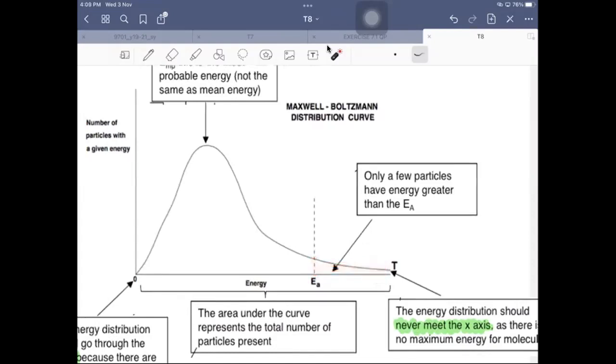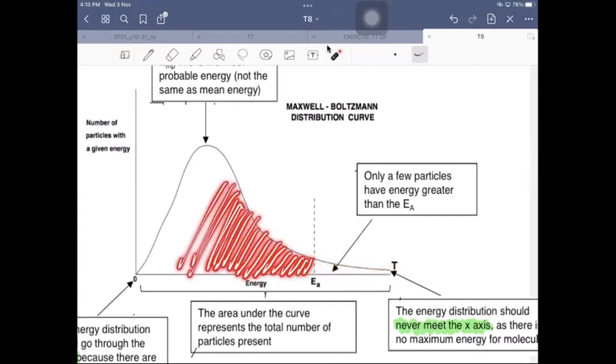So the number of molecules that can react is only this shaded region, because these are the particles that have energy exactly at EA or above. If you are below activation energy, you have energy, yes, but you don't have enough energy. You don't meet the minimum requirement for a reaction to happen.